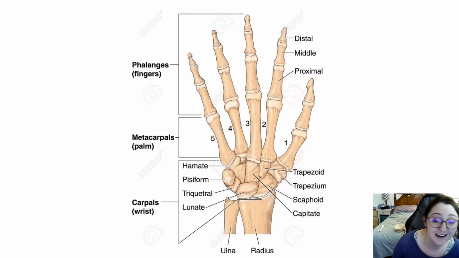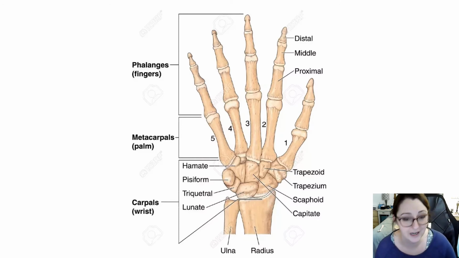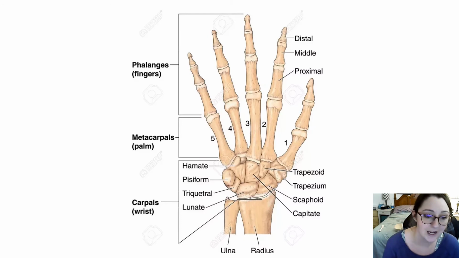And the way that I like to remember these is a saying that I heard back when I was taking anatomy, and that is, some lovers try positions that they cannot handle. And you will remember this for all eternity, I'm sure. But that is my favorite little saying there, to remember the order of your carpals.